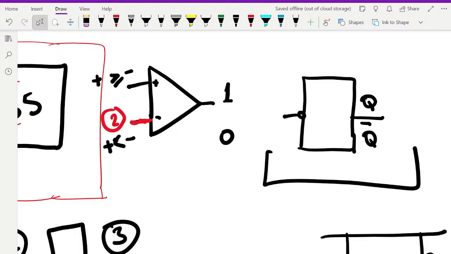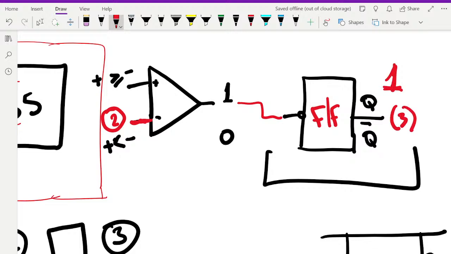This is the trigger pin connected here. So that moment it goes below the positive input, and then the output goes high, and this output is used to clock the flip-flop. So this is our flip-flop, and that flip-flop stays in that state of high, so it gives a 1, and that output is connected to pin 3, right?